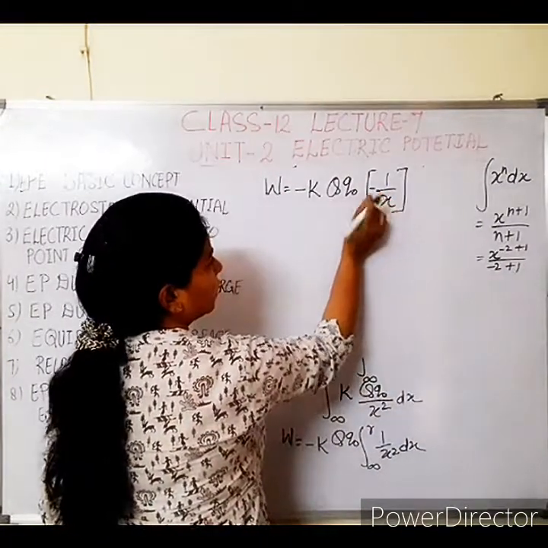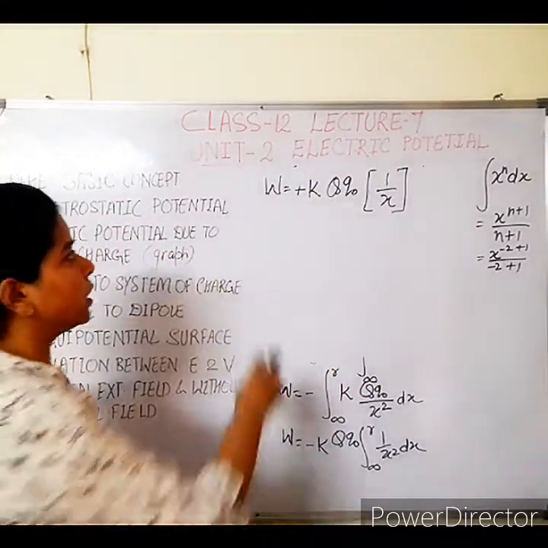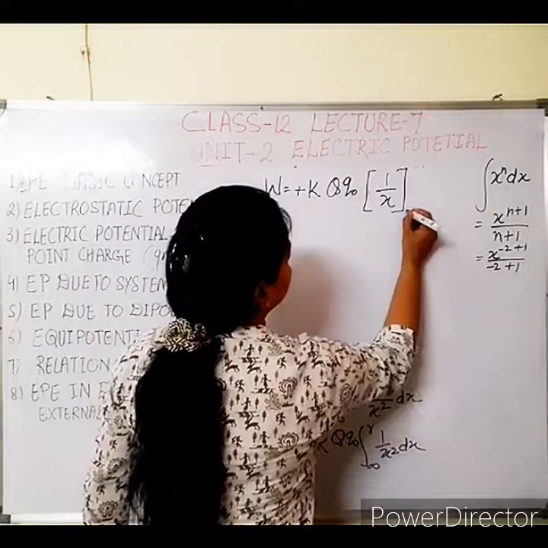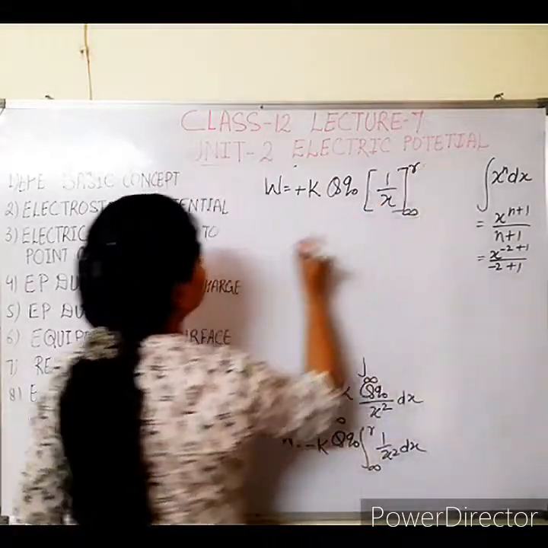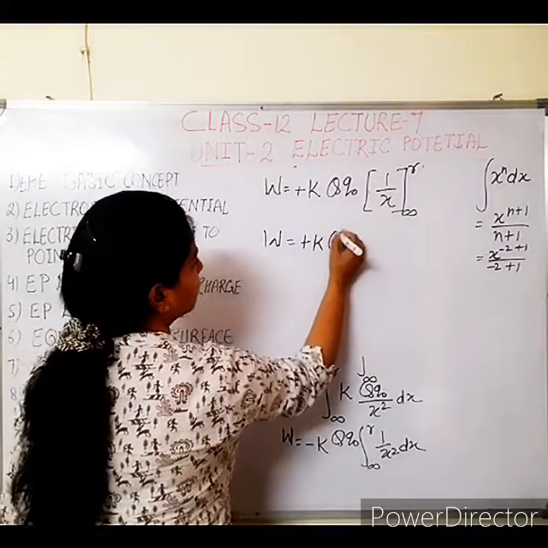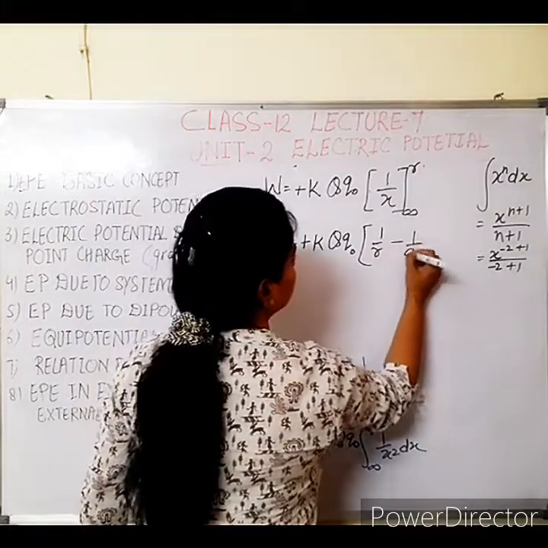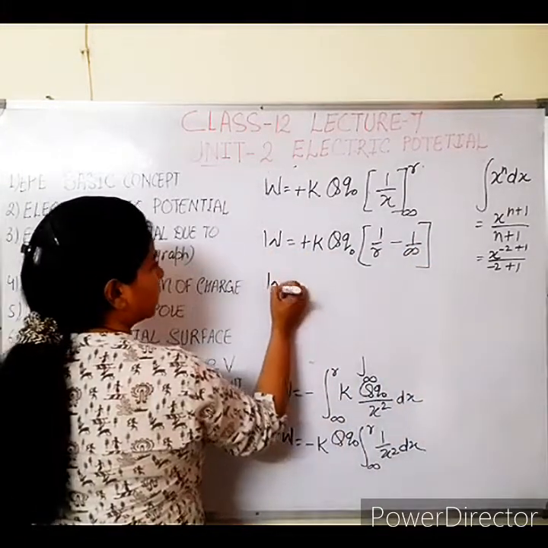Minus 2 plus 1 is minus 1, so that minus will come here and we can take out this minus. Outside the bracket we will get a plus sign, with limits infinity to r. Now put in the limit values. So K Q naught, 1 over r minus 1 over infinity. Then you will get the result.